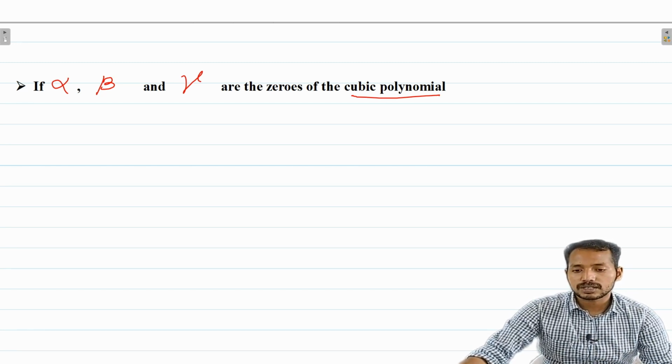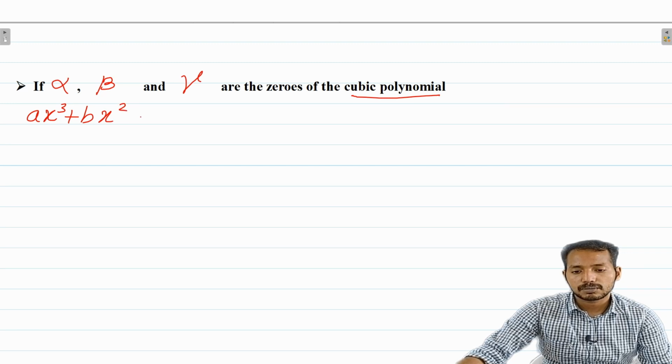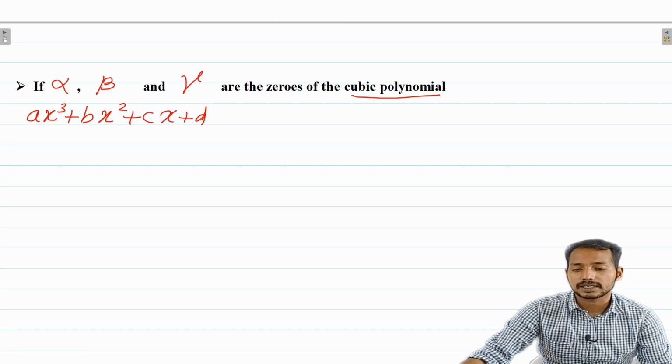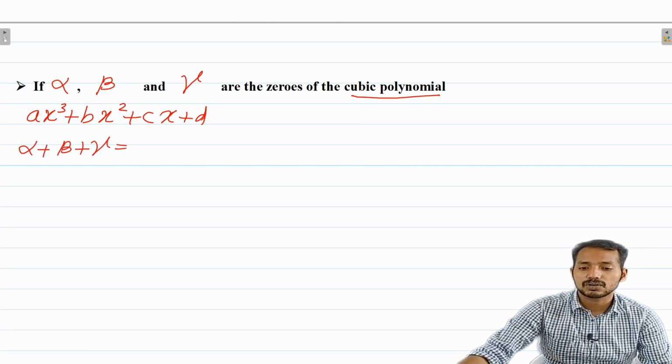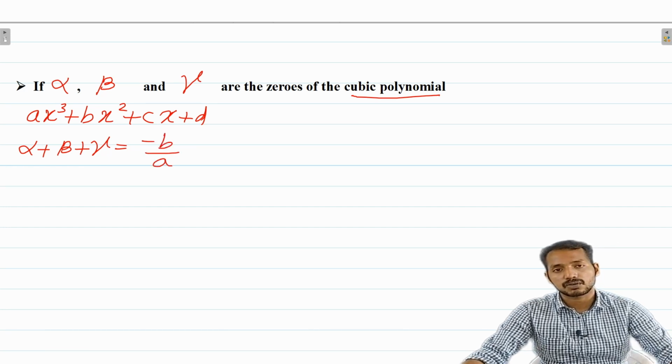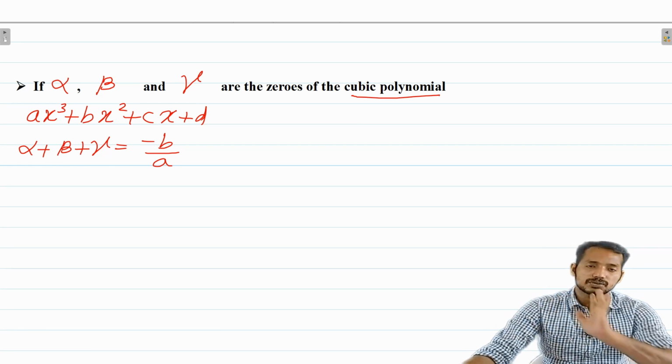Then the general form of the cubic polynomial is ax cube plus bx square plus cx plus d. In the first relation, the sum of zeros alpha plus beta plus gamma, there are 3 zeros, is equal to minus b by a. Same as in the case of quadratic, the only difference is 3 zeros.